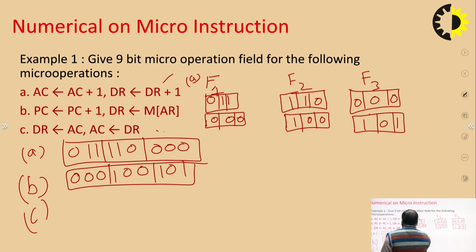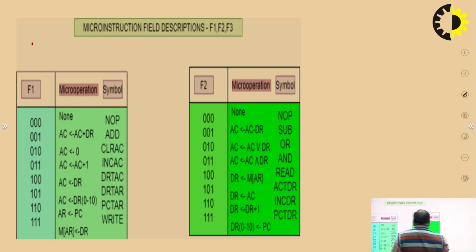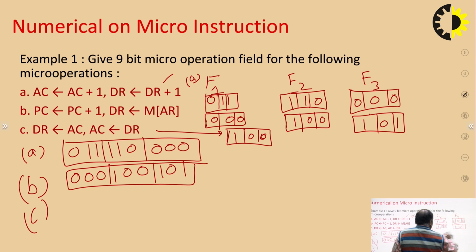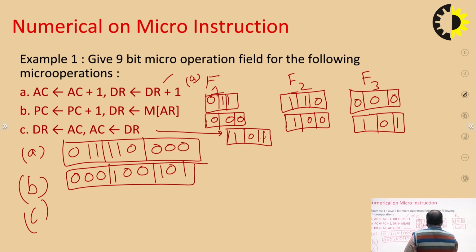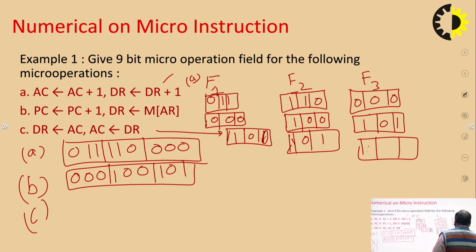So for part C, it is 100, 101 for F2, sorry, 101 for F2 and 100 for F1 and 000 for F3.